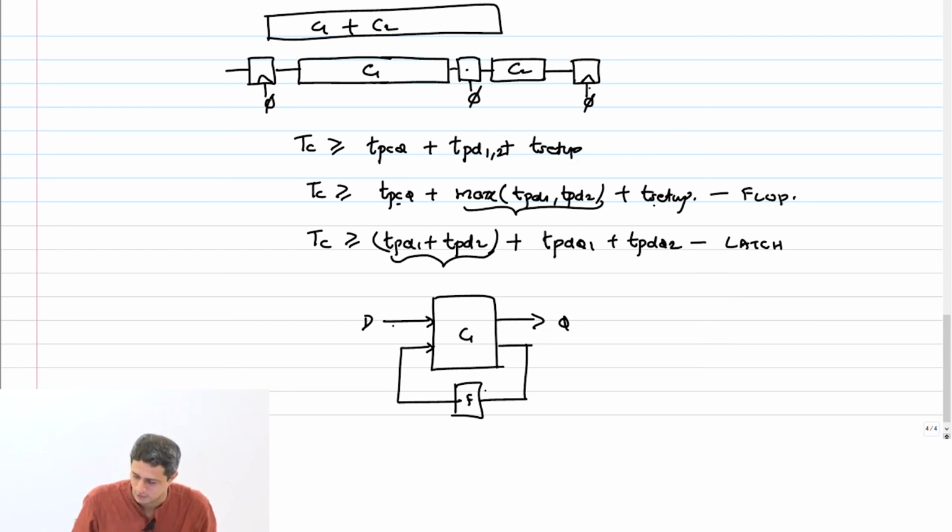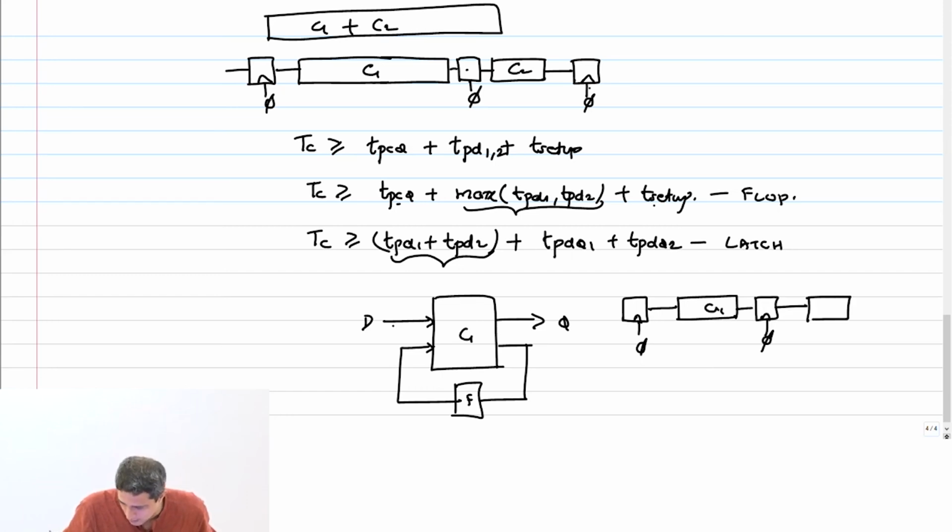If you look at this system unrolled in time like I did earlier, this is block C1, this is my flop. I'll have a flop running at phi, block C1, another clock phi, another C1, and this will repeat forever, if it is a flop based system.